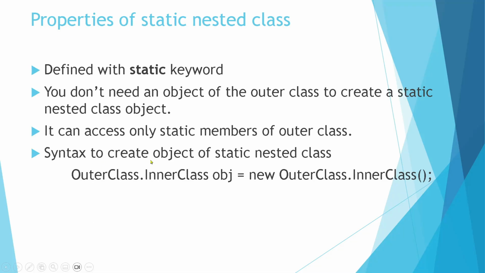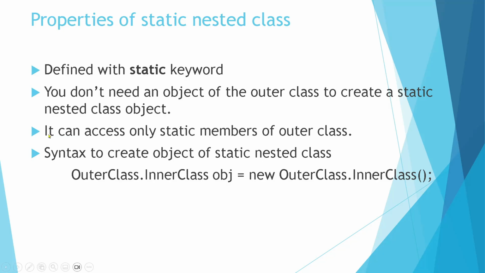When you want to create an object of the inner class, simply you have to use this syntax: outer class name dot inner class name. After that, the name of the object is equal to new, after that the outer class dot inner class constructor. This is the syntax to create an object of a static nested class.